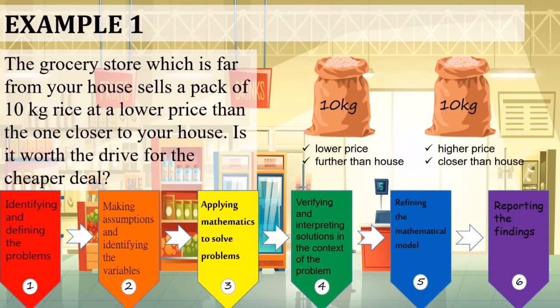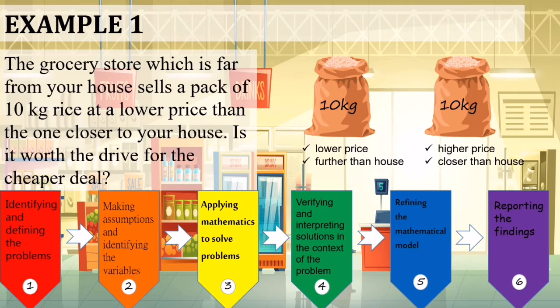We use two examples to show how mathematical modeling works to solve the problem. Example 1. The grocery store, which is far from the house, sells a pack of 10 kg rice at a lower price than the one closer to your house. Is it worth the drive for the cheaper deal? From the question we get information. There are two packs of 10 kg rice.